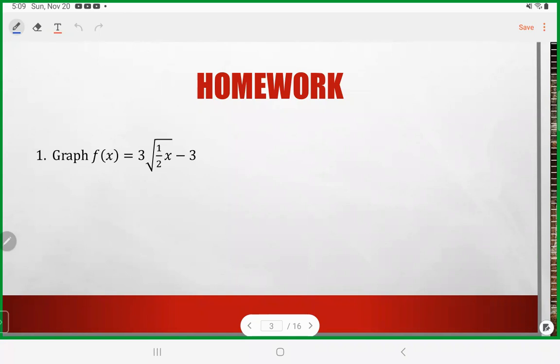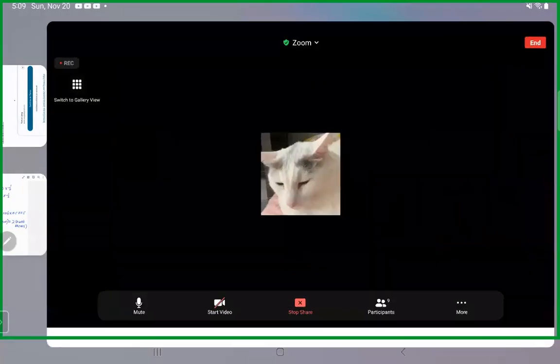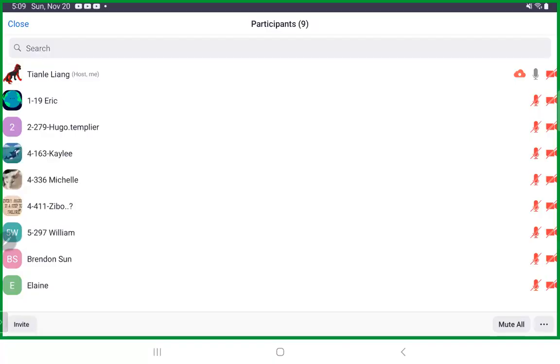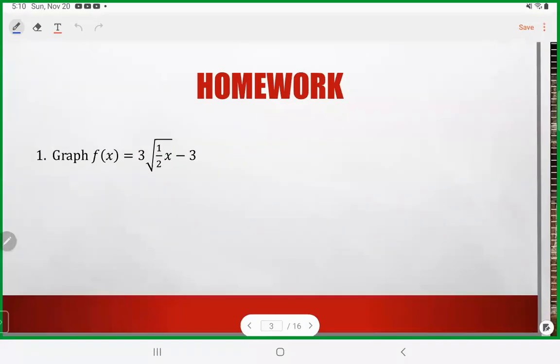All right, let's see. Do we have any volunteers who can help us graph this? All right, William, very good. Okay, so let's see here. Graph f of x is equal to the square root of 1/2 of x, minus 3.